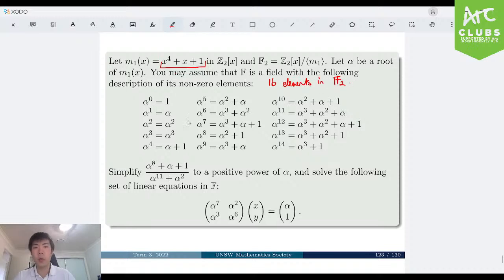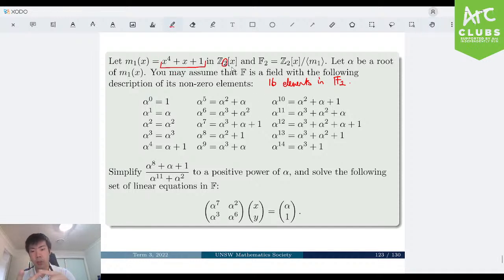Why is that? Well, that's because by the remainder theorem, if we're dividing by x to the power 4 plus x plus 1, this is order 4, right? Which means our remainder polynomial will be at most order 3. So you have an x cubed term, an x squared term, an x term, and a constant term, all of which will have coefficients that can choose between the value of 0 or 1, since we're in Z2.